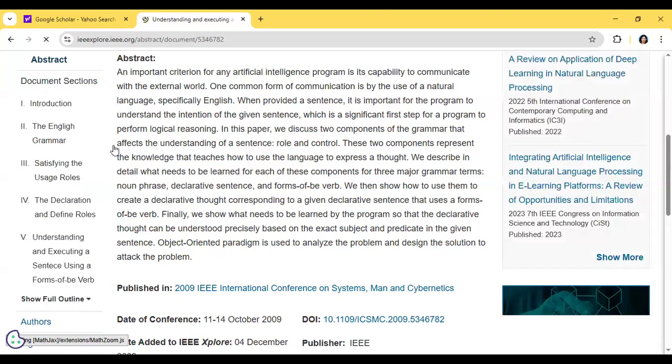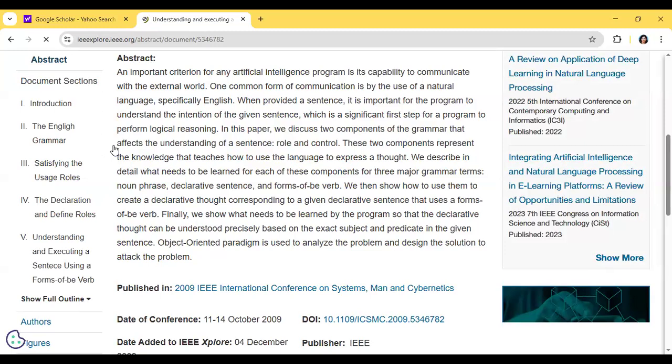Right. So here in this paper, can you all hear me clearly? Can you see the screen? Yes, ma'am. In this abstract, they have identified the problem, right?